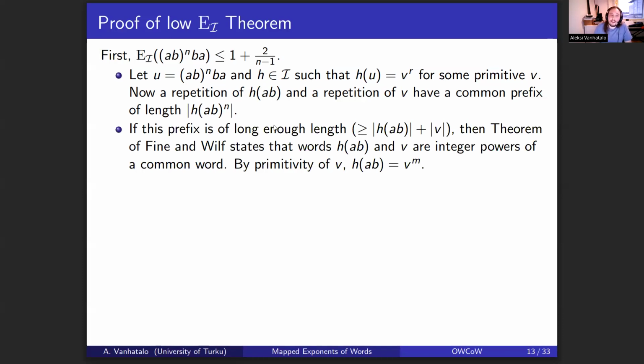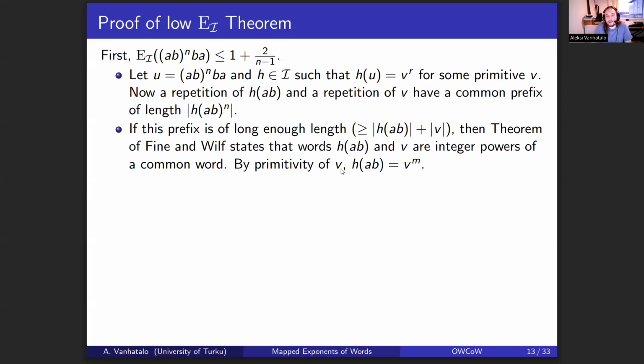And if this is of length at least this value, then the theorem of Fine and Wilf states that these words, the image of AB and V, are integer powers of a common word.